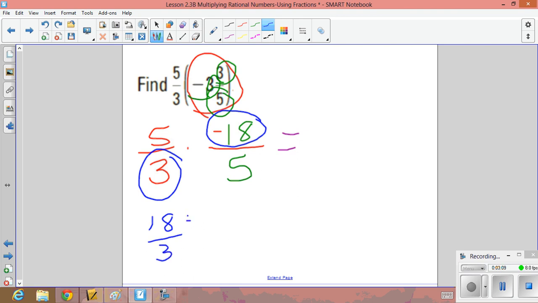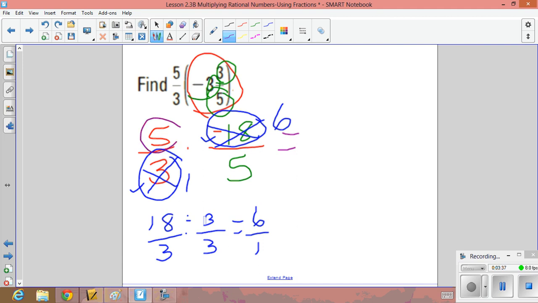Can't I divide the numerator and the denominator both by 3 to get 6 over 1? Well, I can take a look at this 3 and this 18 and reduce them the same way. I can divide negative 18 by 3 to get 6. And I can take 3 and divide it by 3 to get 1.